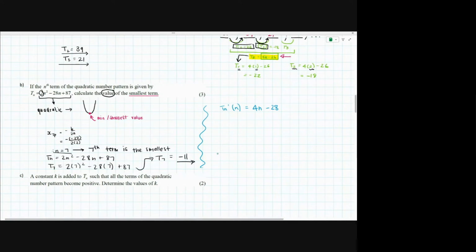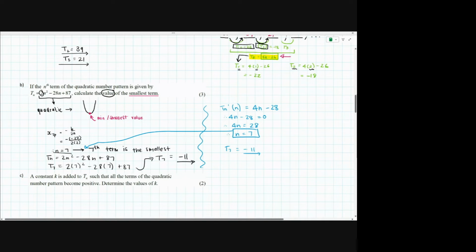Because it's the turning point, we make this equal to 0. So 4n equals 28, therefore 28 divided by 4 is 7. You get exactly the same answer. We got n equals 7, same as what we got over there. We would substitute into our formula and we would get negative 11.